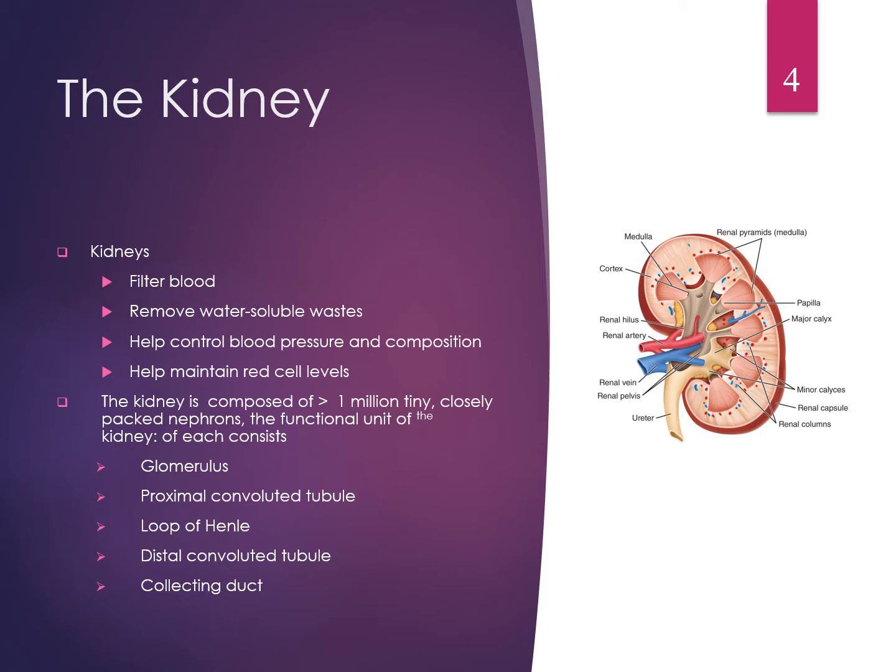The kidney is composed of more than 1 million tiny closely packed nephrons, and the functional unit of each kidney consists of the glomerulus, the proximal convoluted tubule, the loop of Henle, the distal convoluted tubule, and the collecting duct.